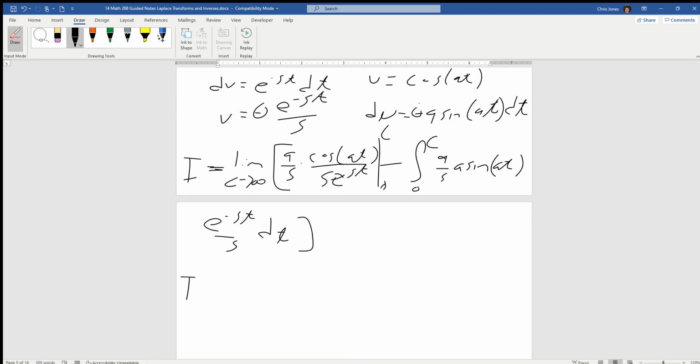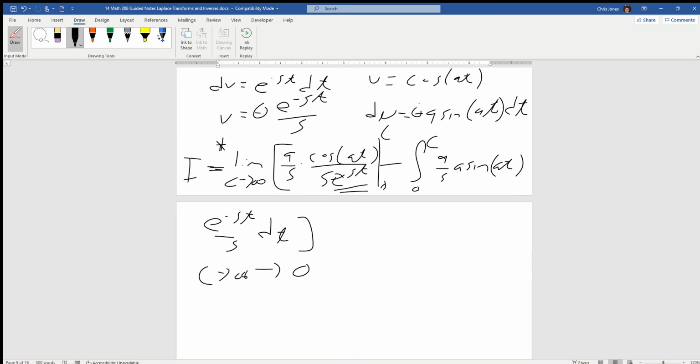So now when we substitute infinity back in, we'll just do this one at a time. As c approaches infinity for this limit, notice that once again we divide by e to the st. The value of cosine is between negative and positive 1, so we basically have a constant over infinity, which is going to be 0.